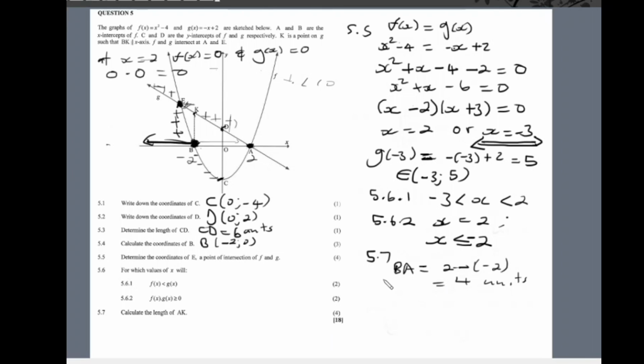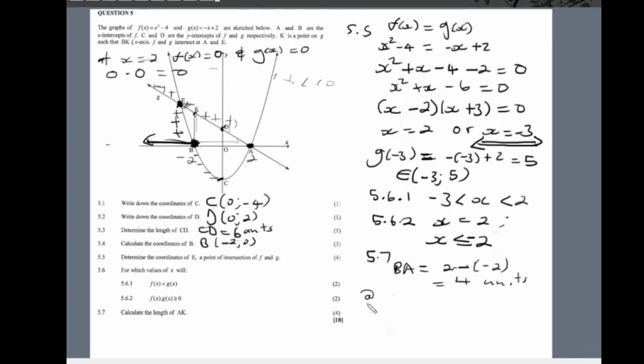And then what is next is to calculate the length of BK, right? To calculate the length of BK, we know that at B the y value there is 0, and at K we don't know the y value, so we first need to calculate the y value at K.